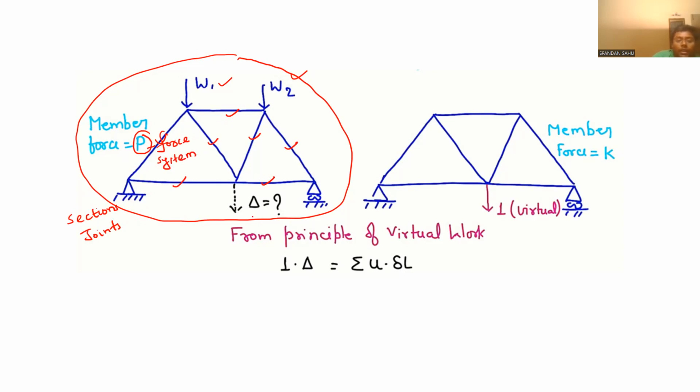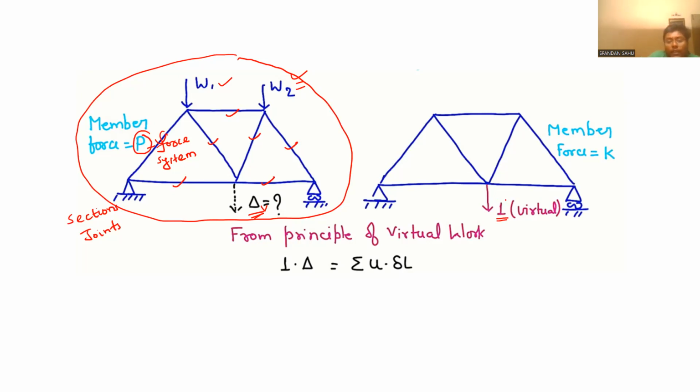we need to determine this delta. As stated, if you want to determine this delta, which is the vertical deflection, then remove all those external loads and apply at that point a unit virtual load in the same direction in which you want to find the deflection.